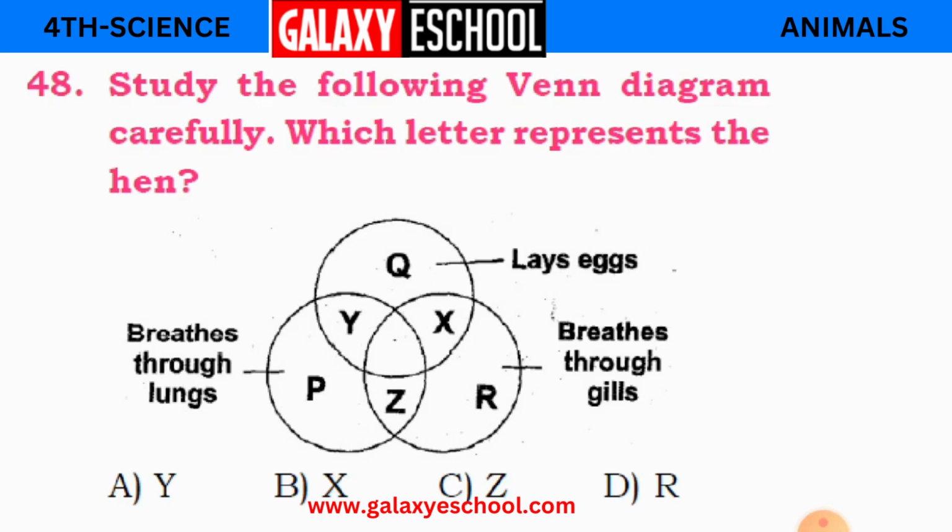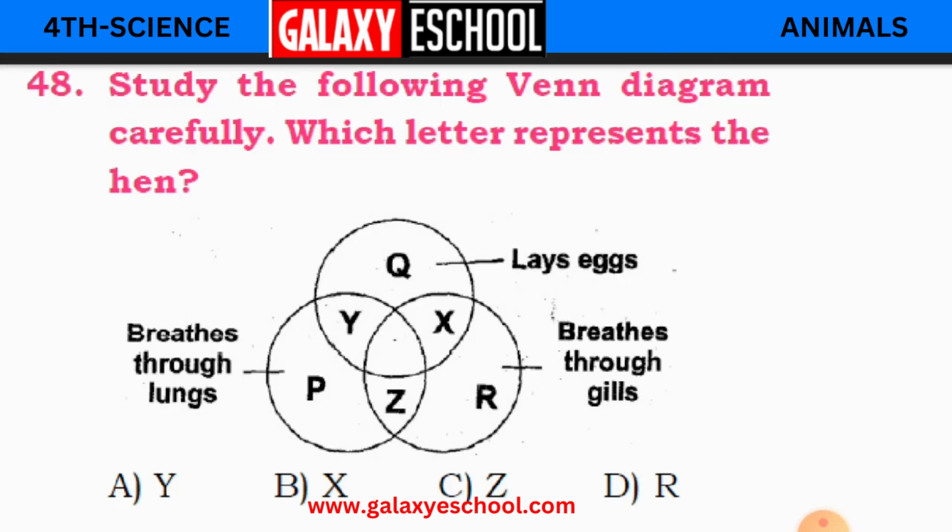So whether P, here it says that breathes through lungs, R says that breathe through gills, and Q says that it lays eggs. Here it says which lays eggs, that is, it comes under Y, even Y and X also come under that.